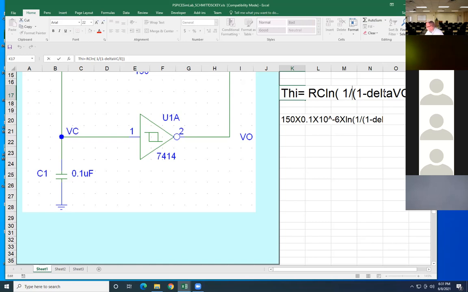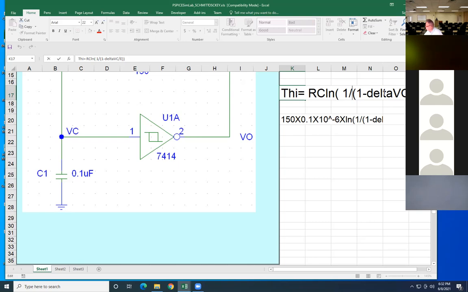Did somebody get 1.15? No, 2.75 minus 1.67 is equal to 1.08. Yeah, that's what I got. Oh yes, I got that. Okay.